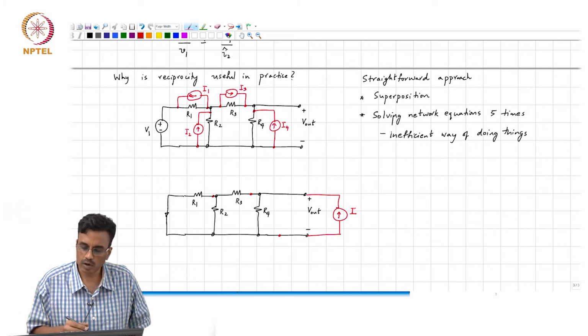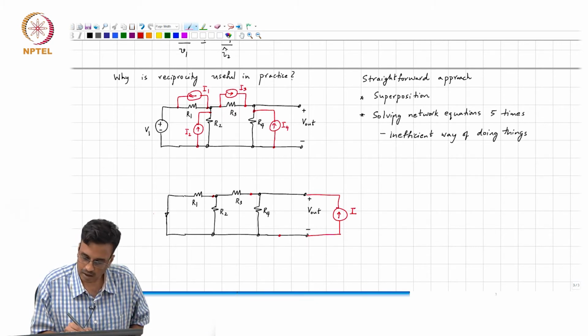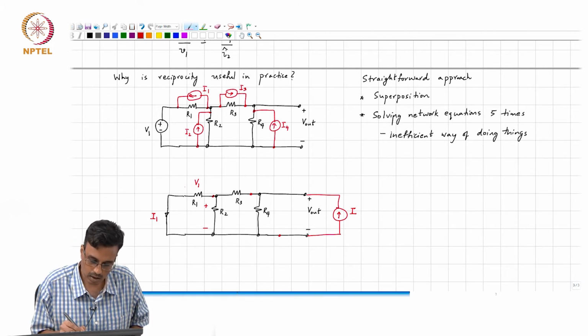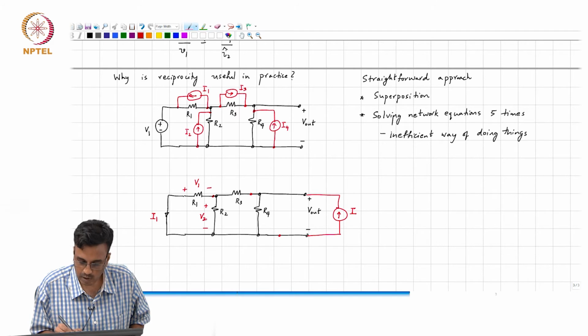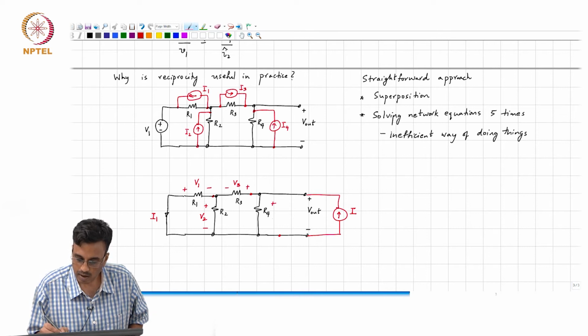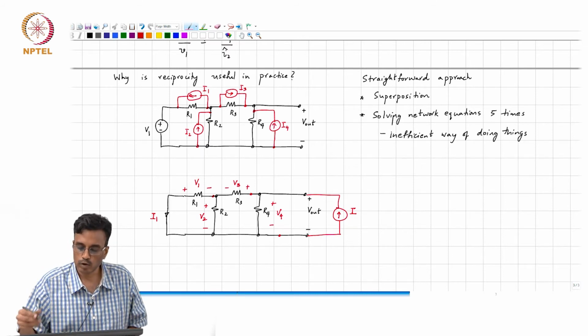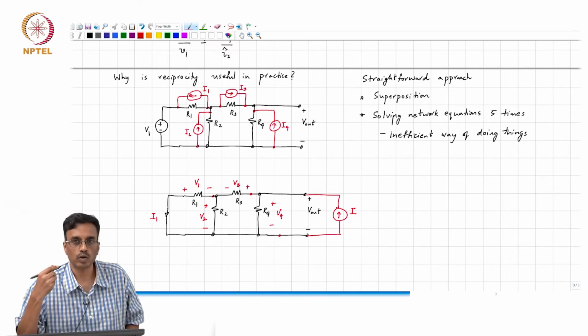What comment can you make about it? And measured the current I1 here, measured the voltage V1 here, the voltage, sorry, V1 must be in this orientation, V2 here, V3, V4. Okay. So, if you use reciprocity, what do you think you can do?